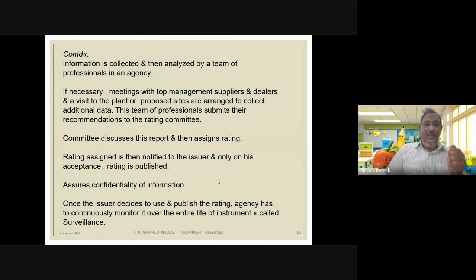So when the rating agency team wants to give a rating, first they meet with the top management and discuss the company's performance level, production levels, and productivity levels, and the suppliers and dealers they are dealing with. What is the opinion of the suppliers about this company?